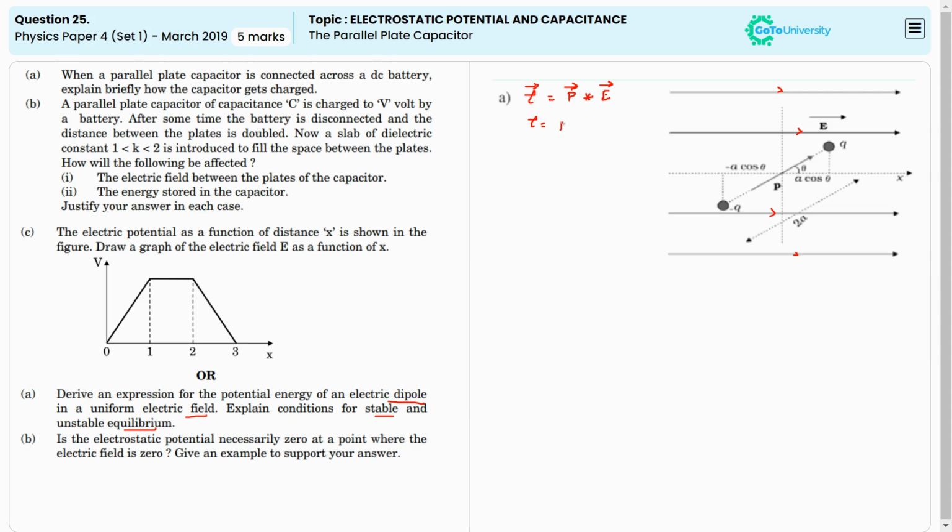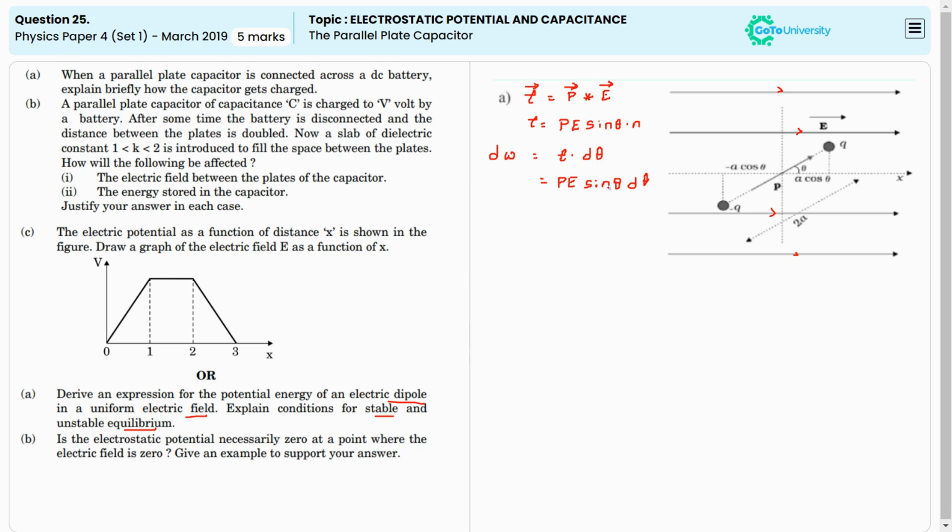We rotate through the angle theta. Then dW is equal to tau d theta. Then tau d theta is equal to PE sin theta d theta.